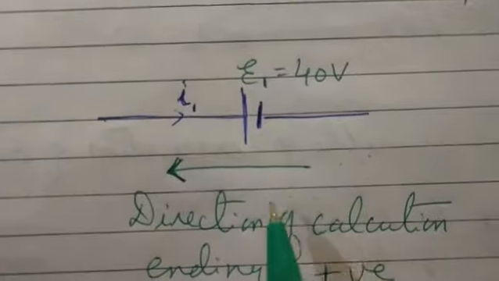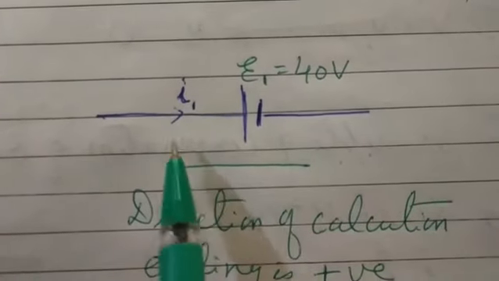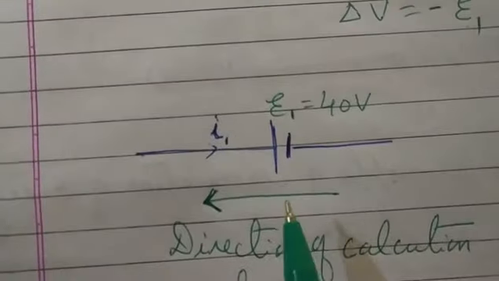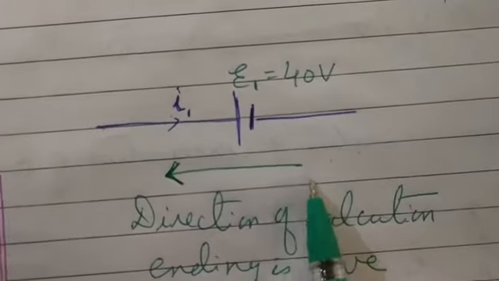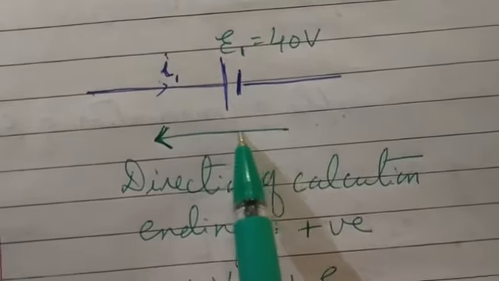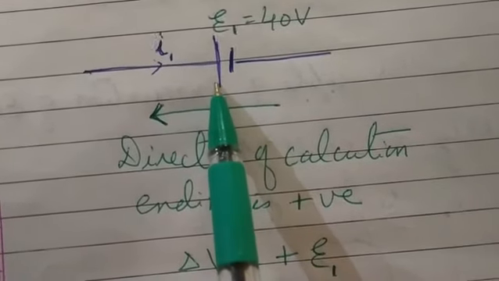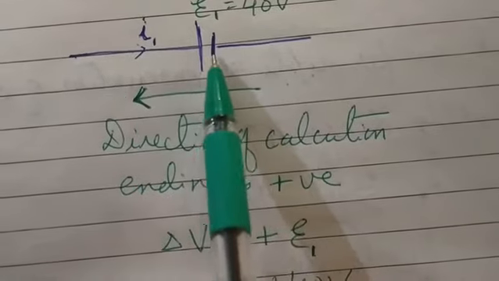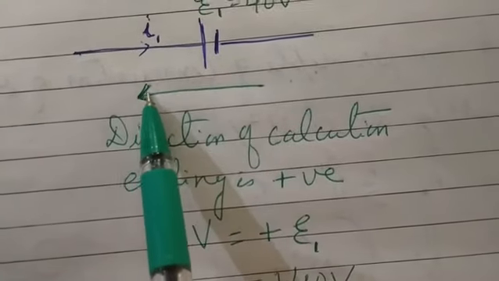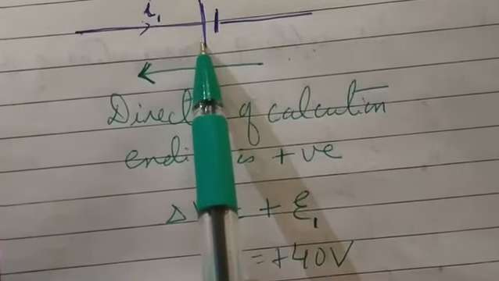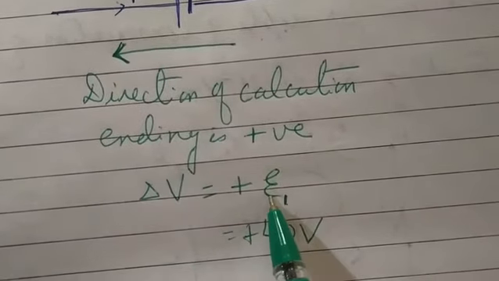Suppose the direction of calculation we take is anti-clockwise. Earlier we had taken clockwise, and now we are going to take anti-clockwise. This is the direction of calculation; see the ending point in the cell. The ending point of the direction of calculation in the cell is positive, so delta V is equal to plus E1.